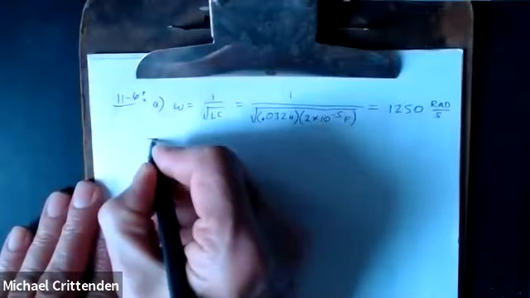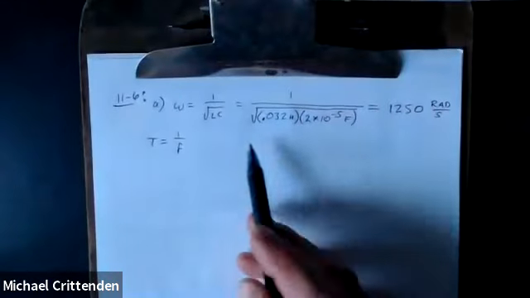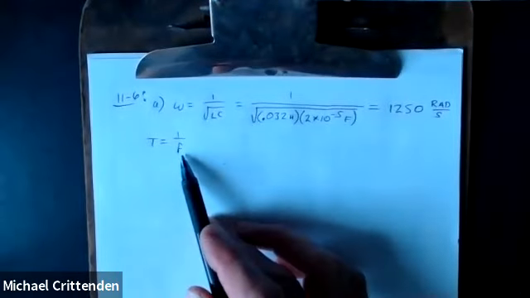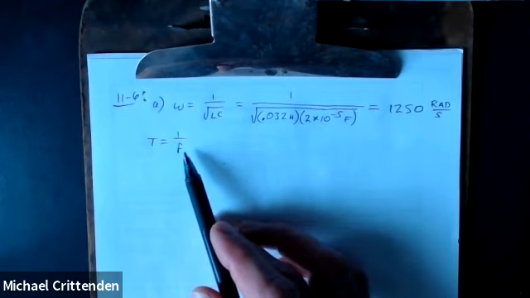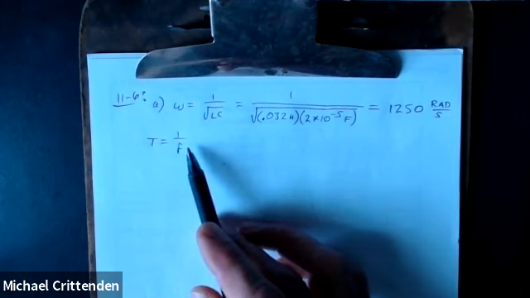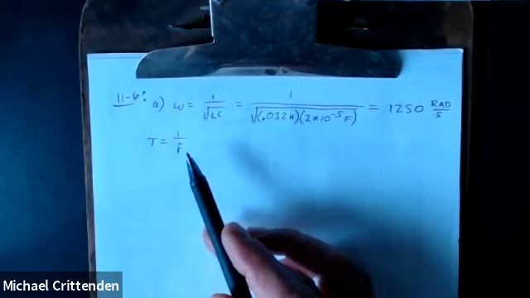The question asks for the period. One thing to avoid is getting omega mixed up with f. I think I saw somebody do that on a paper I graded this morning. One of those if I had a nickel kind of things.